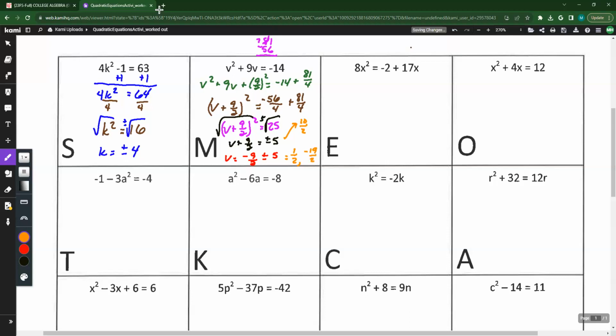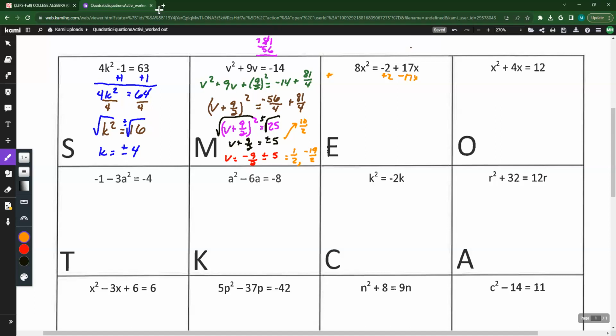Okay. So the next one, I don't know what I want to do with that. So this one I'm looking at, I'm going to get it in standard form, so I'm going to get a 0 for this one. I like the x squareds to be positive, so I'm going to add 2 to both sides, and I'm going to subtract 17x on both sides.